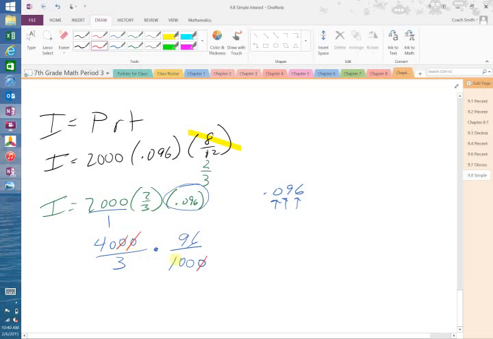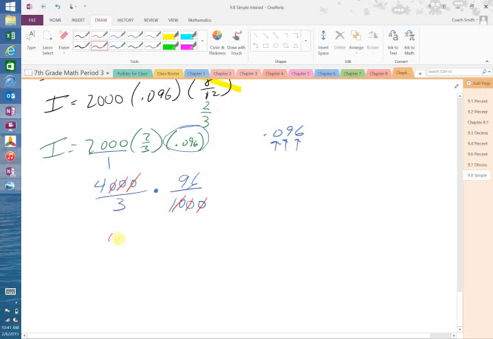Those zeros cancel because it's 1,000 into 4,000. Now I have 4 times 96, but the good thing is 3 goes into 3 once, and 3 goes into 96 32 times. And so it's 4 times 32. 4 times 32 is 128, and that is my interest.